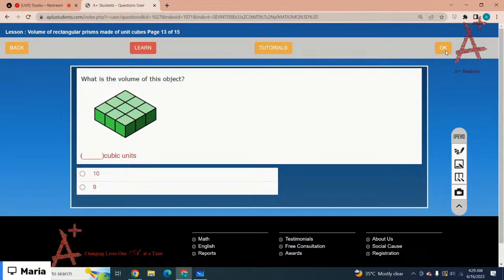What is the volume of this object? You have 3 rows each having 3 cubes. So it would be 3 times 3. So that means the correct option is 9.